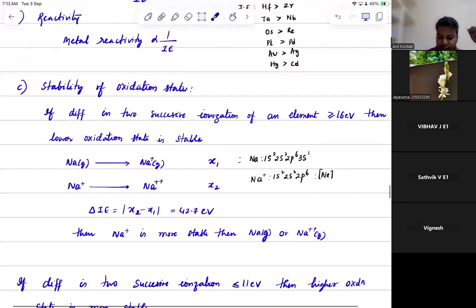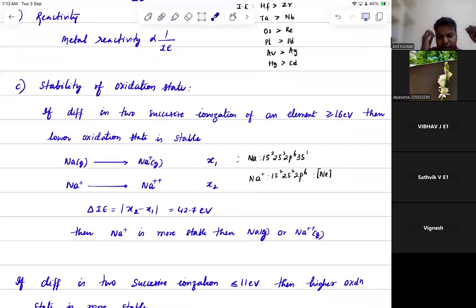Oxidation state wise, when you're going for successive ionization, if the difference of energy between the successive ionizations is greater than or equal to 16 electron volts, then we can say the lower oxidation state is more stable.